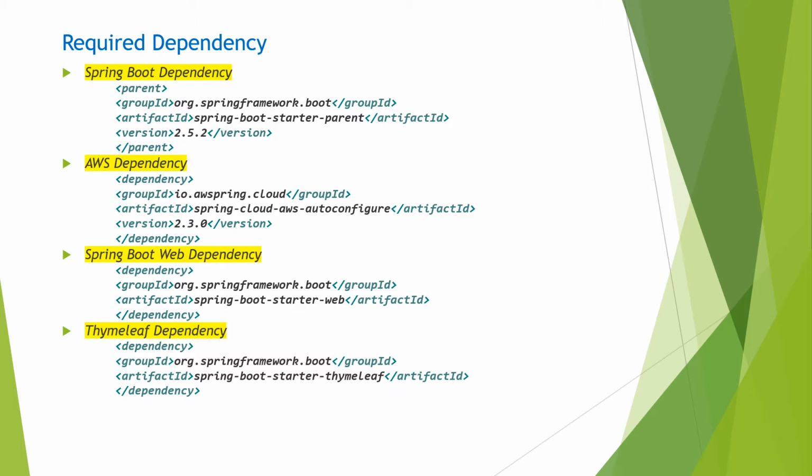The Thymeleaf is required. That is a part of the Spring MVC framework. So we have to develop one small page to view all the S3 contents, and also we have to use Thymeleaf as a model concept, that we have to do in our hands-on.